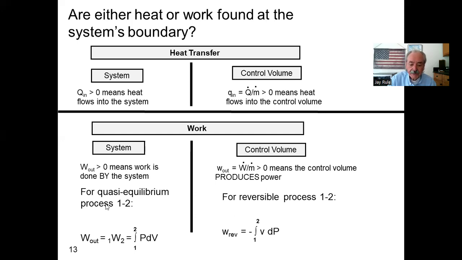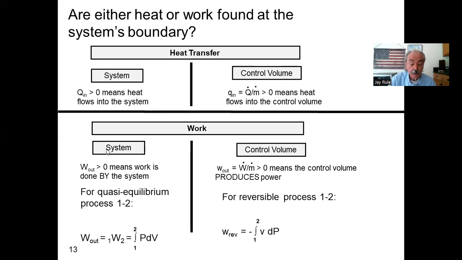Remember, for a quasi-equilibrium process, as we went through the weeks, we learned that a quasi-equilibrium process is also called a reversible process. And we have, for a closed system, the work out, work from say 1 to 2, is the integral of PdV. Boy, that is important to have in your head or on your formula sheet, and you know what that refers to. It doesn't refer to everything.